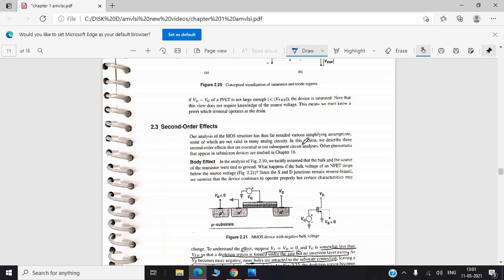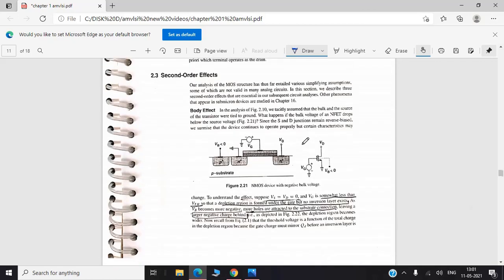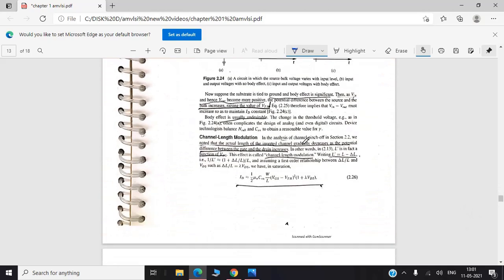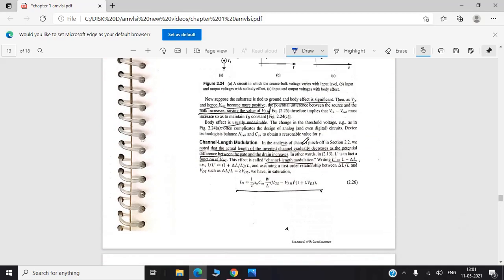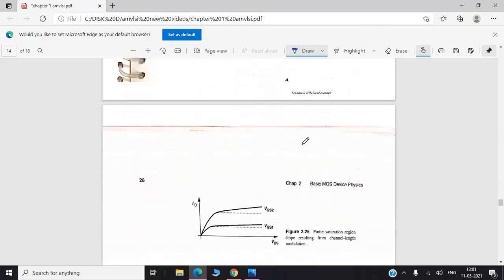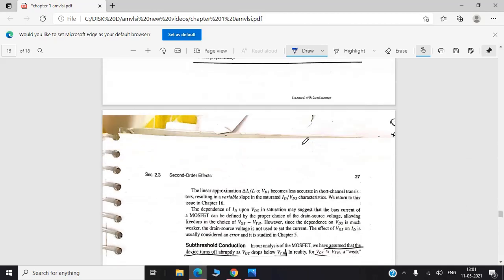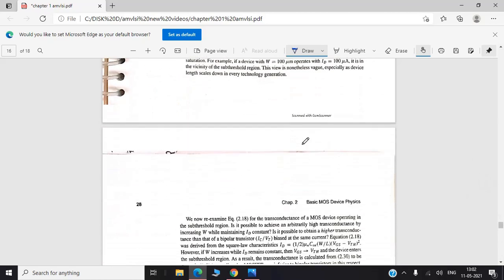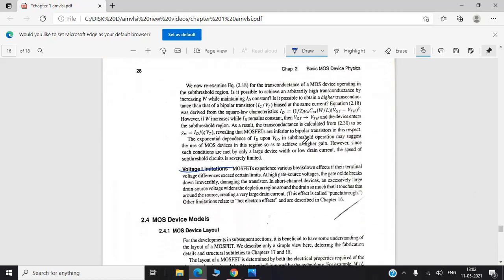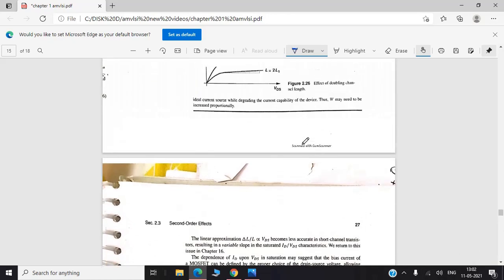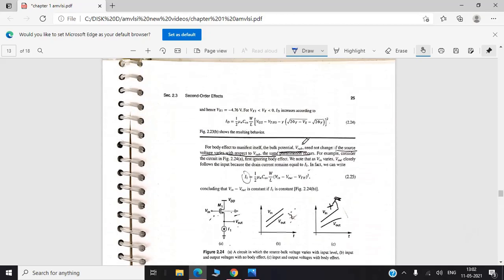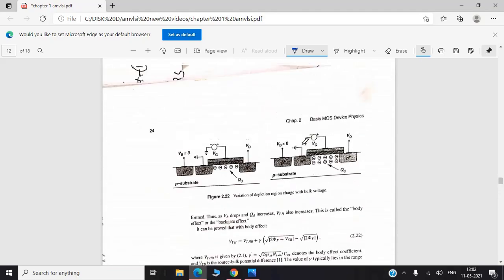What are the different second order effects? First is body effect, second one is channel length modulation, the third one is sub-threshold conditions, and the fourth one is voltage limitation. When asked about second order effects, you just have to write these four and explain. So we'll brush up quickly now.